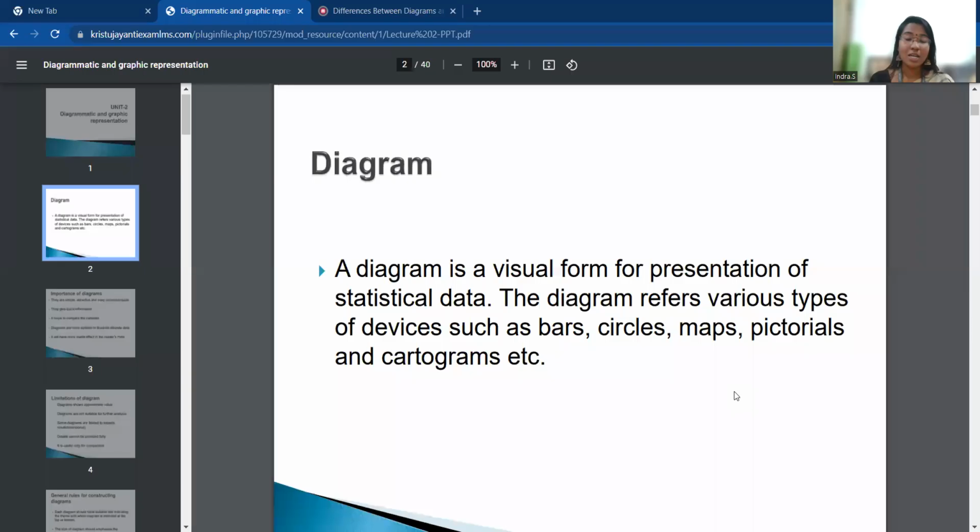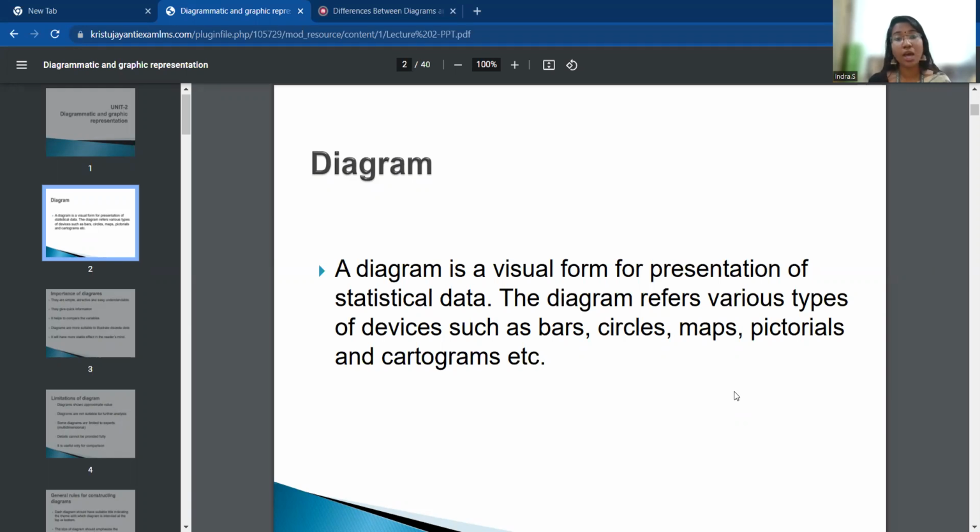Let's start with a basic introduction of what diagrams are. A diagram is basically a visual aid or a visual form of presenting statistical data. Statistical data can be in terms of percentages, or numerical facts, or numerical information associated or related to some other aspect.